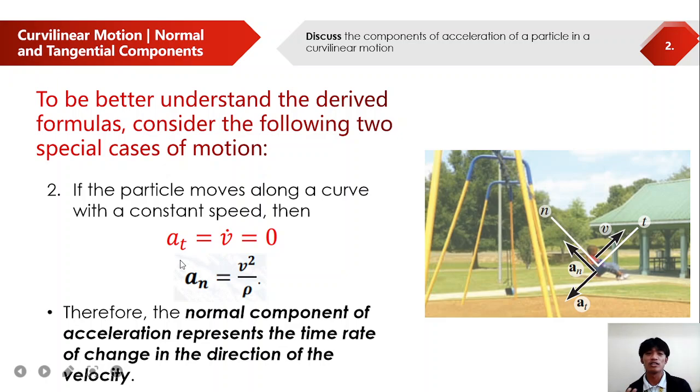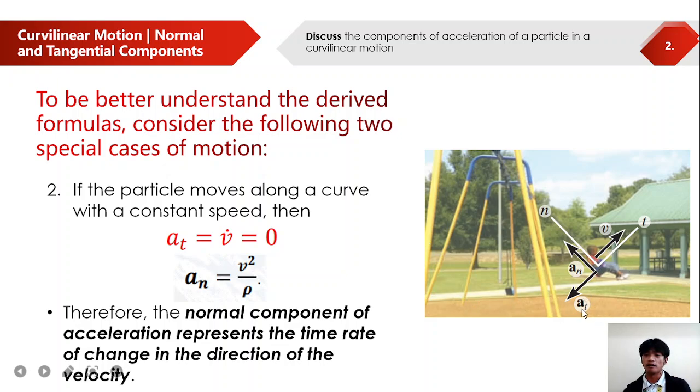Why do we need to study this, or why do we need to include it? In curvilinear motion, there are now two components, just like this boy swinging in a park. Since he does not move in a straight line path, the movement of the boy is parabolic, or concave upward. So it is not a straight line path.